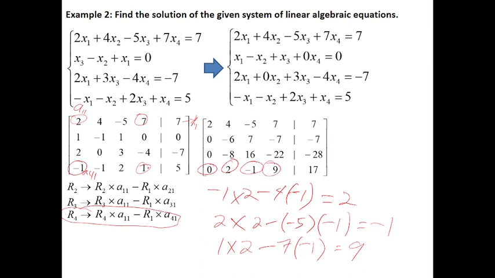Then, 5 times 2 minus 7 times negative 1. 17. Did you get it? Yes, coach.